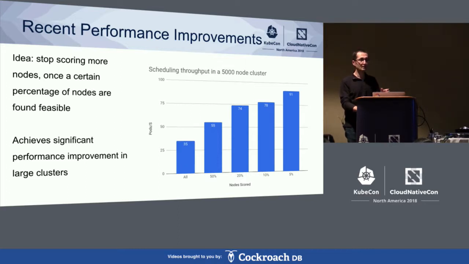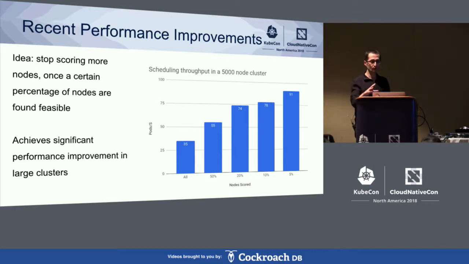So this feature basically helps you configure that. There is a flag or a configuration parameter where you can specify what percentage of the nodes the scheduler should find before it stops looking for more. As you can see here, this has a relatively significant performance impact.